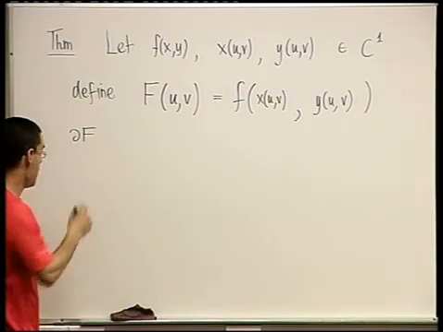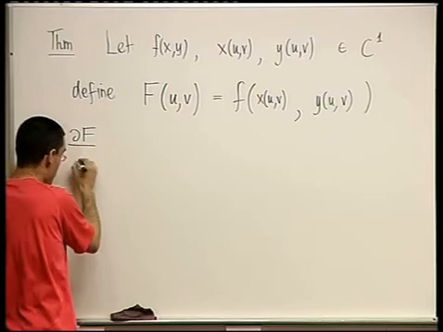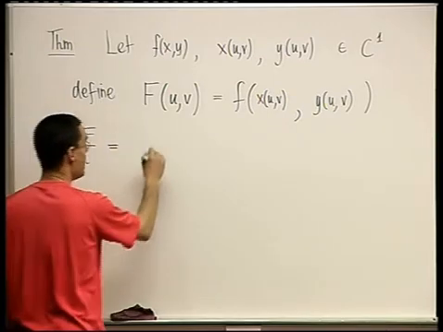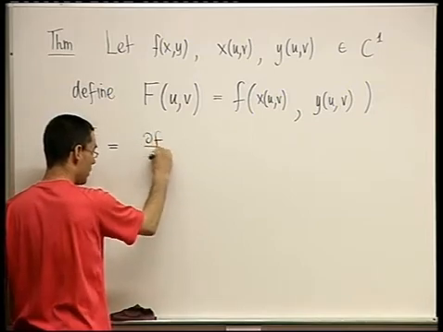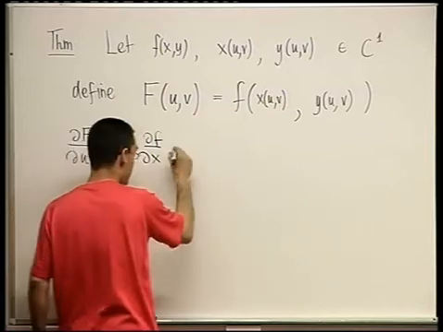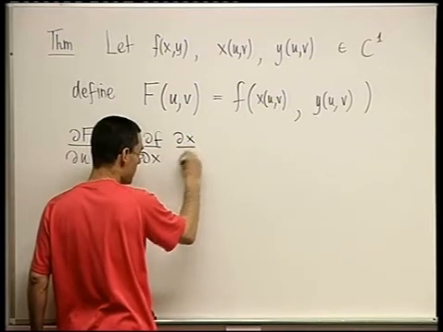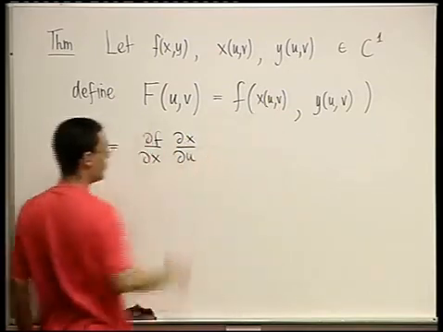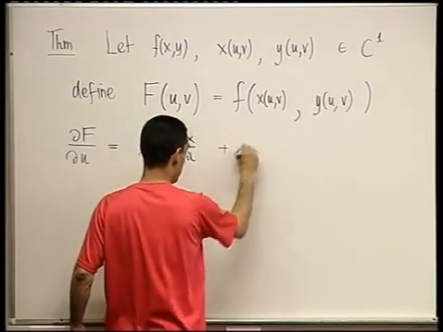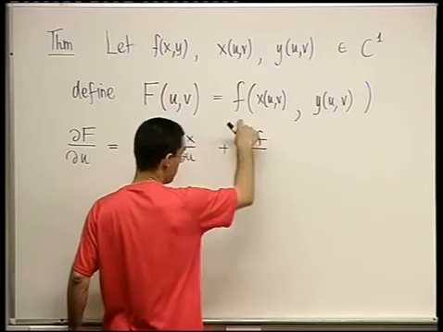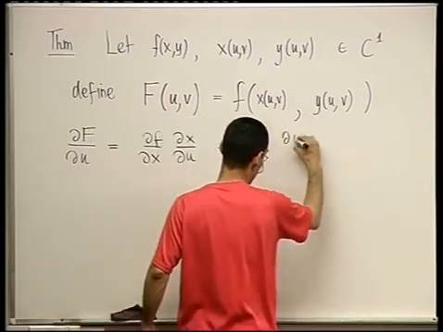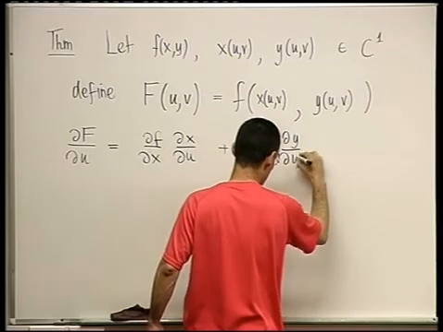So the derivative of F with respect to the variable u equals the derivative of little f with respect to its first variable, x, times the derivative of x with respect to u, the inner derivative, plus the derivative of f with respect to its second variable, y, times the inner derivative there, the derivative of y with respect to u.